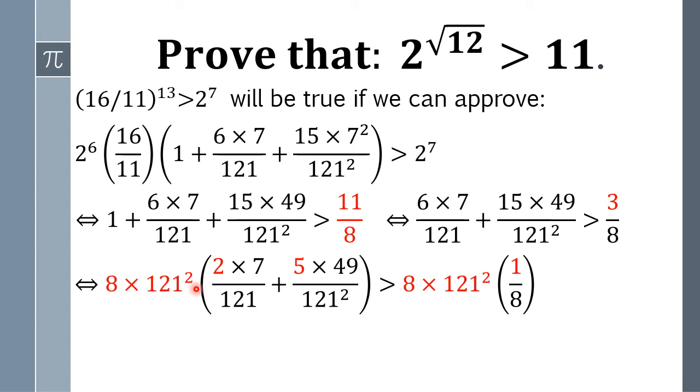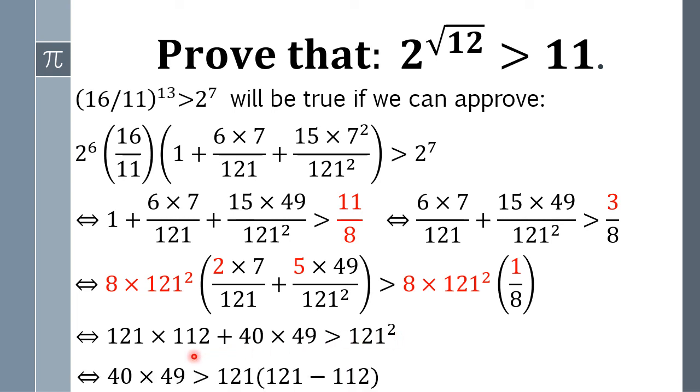And it will be equivalent to the following expression. 121 times 112 plus 40 times 49 larger than 121 squared. Then both sides will be subtracted by 121 times 112. And the following inequality is equivalent to 1960 larger than 1089, which is of course true.